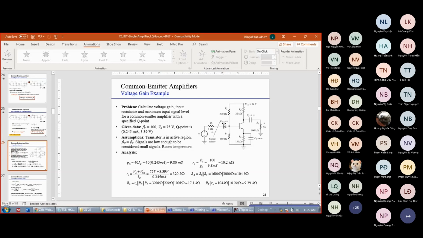The coupling capacitor must be infinite. Normally it should be large enough so that at the frequency of the input signal Fi, ZC equal to 1 over 2 pi Fi is nearly equal to 0, to be seen as a short circuit.